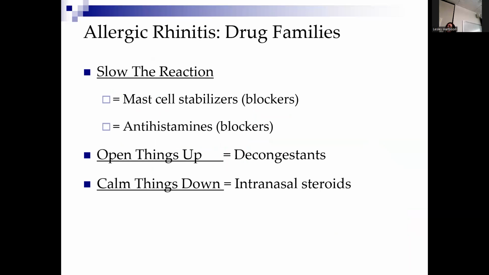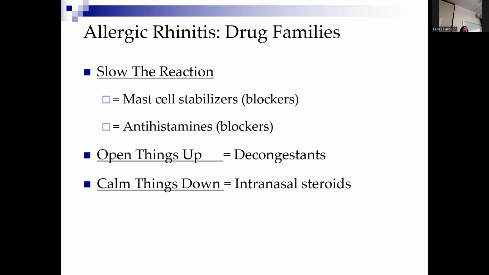Okay, so when we're talking about these drug families, we're basically going to talk about drugs that either slow the reaction, so that's going to be our mast cell stabilizers, they call them. I put blocker in parentheses. I don't know that it blocks the mast cell, but it sort of stabilizes it.